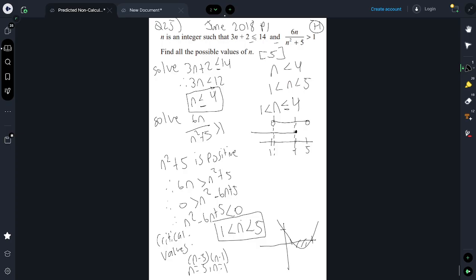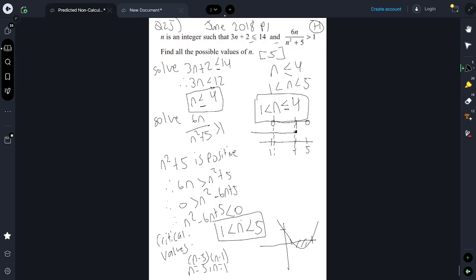So the part we're interested in is n between 1, but not including 1 because it's strictly above, and the cutoff at 4, which is filled in, so it includes 4. Okay, so that's a way you can visualize it. That is the final inequality that satisfies both of them.